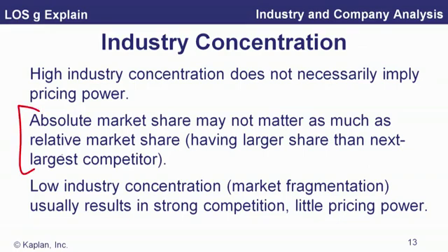But there's this unusual aspect in that the absolute market share may not be as important as relative market share. Having 40% market share, if other competitors are at 30 and 30, means you're only a little bit bigger than your competitors. But you may have 5% market share when your next largest competitor is at 0.5%.